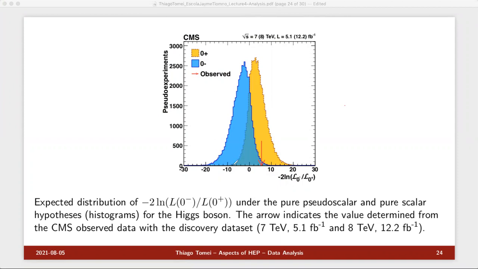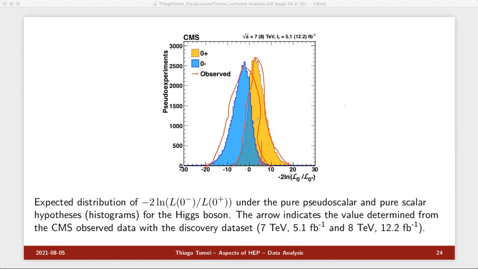So if the standard model is true, the thing that we would observe would follow, just by random chance, the yellow distribution. While in the alternative case, where the Higgs boson is actually a negative parity particle instead of a positive parity particle, you would have the blue.